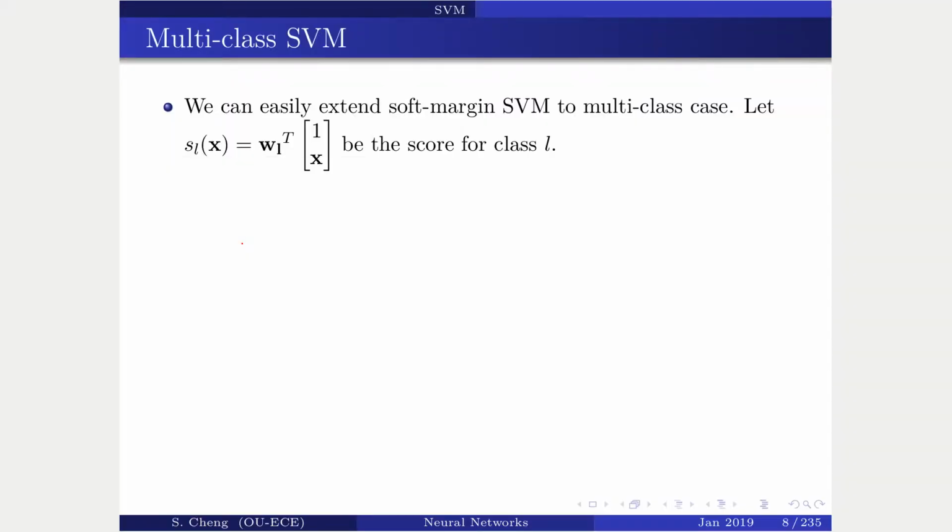We can go to multiple classes. A simple generalization: for each class L, I have some particular weight WL, and my score is just a linear function of that.